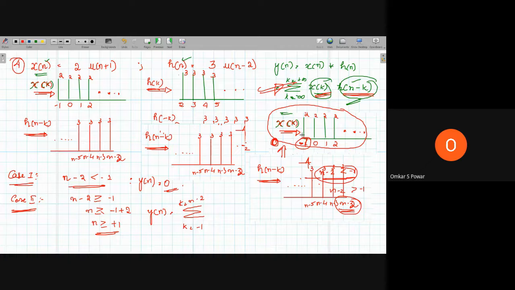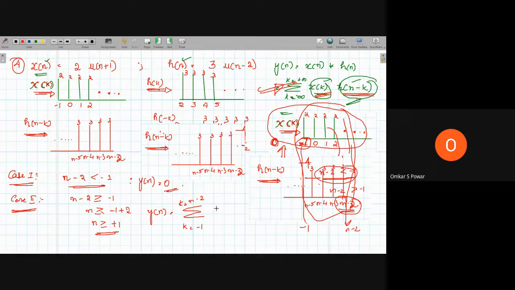So what is the overlapping between these two? If you consider this has overlapped on this one, it starts from minus 1 up till n minus 2, there will be overlap. So we are considering that range.